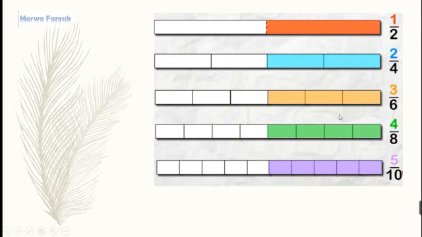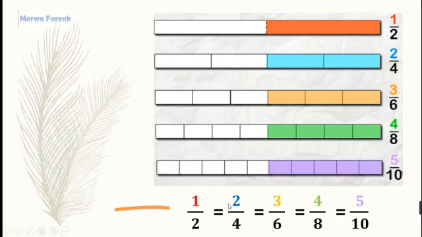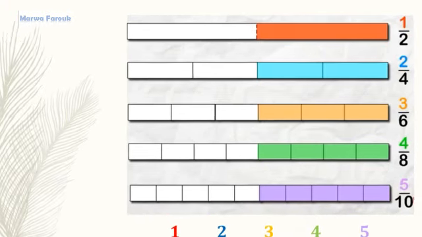And here we colored 4/8. And here we colored 5/10. As we see, they are all equal. So we can say that 1/2 equals 2/4 equals 3/6 equals 4/8 equals 5/10. And this we call equivalent fractions.